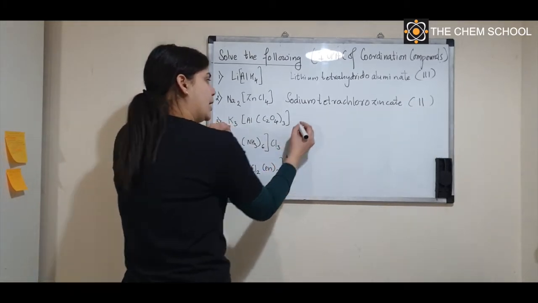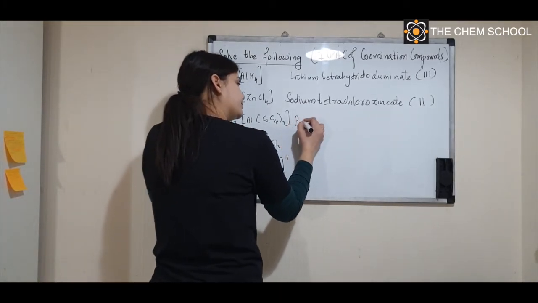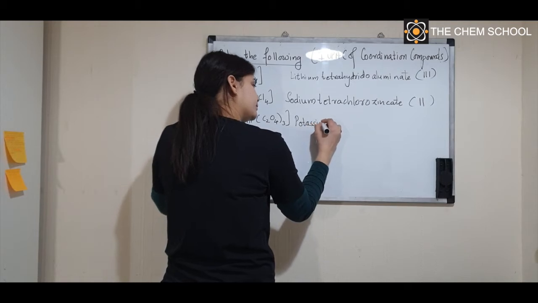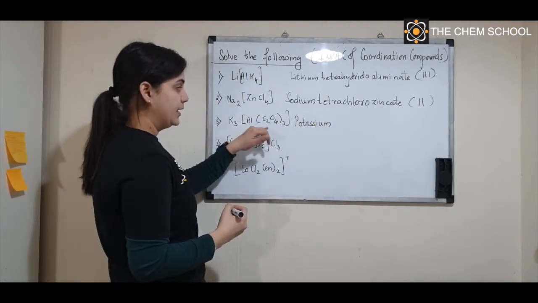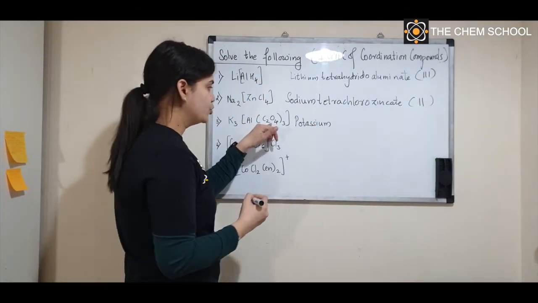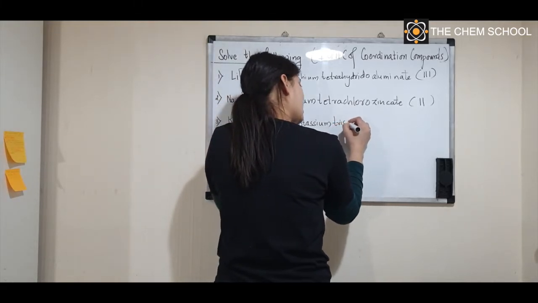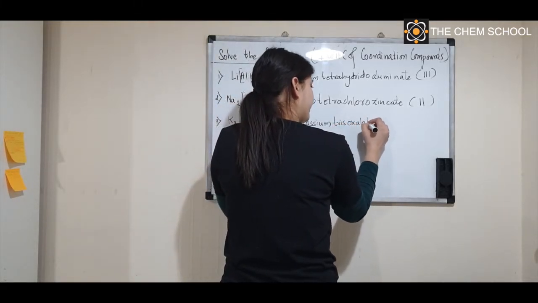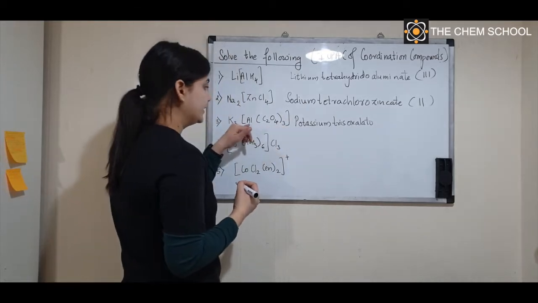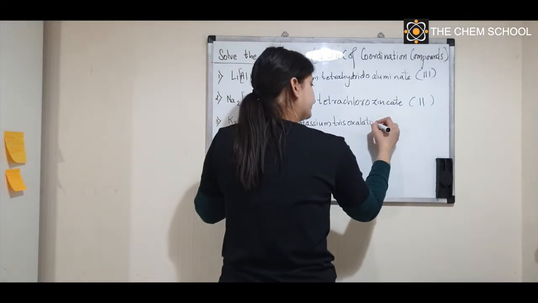Next, potassium. Then this is oxalato. You have 3 oxalato, so tris oxalato. Then you have aluminium.